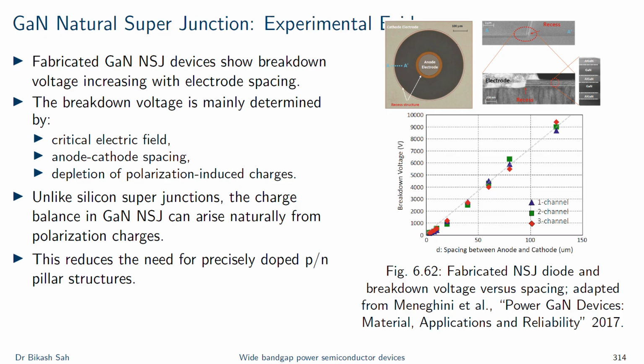So that's what you can see in the figure: the idea is not only theoretical, there are fabricated structures and measured breakdown trends. The broader lesson is that GaN enables high voltage device architecture because polarization can be used as a design resource.